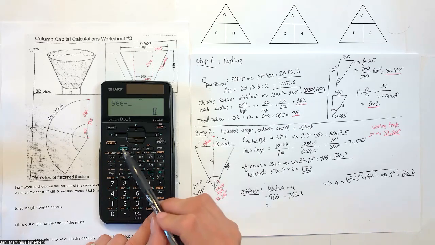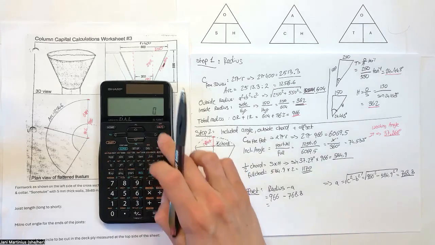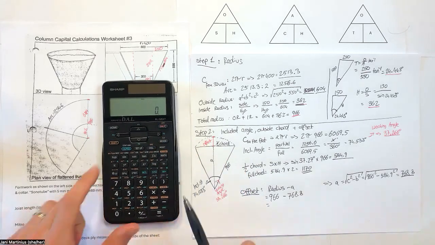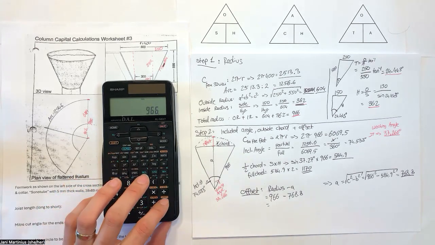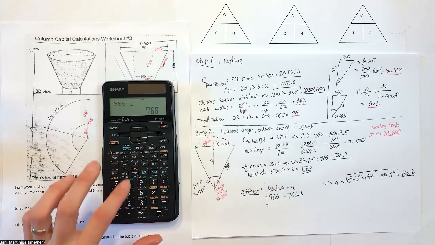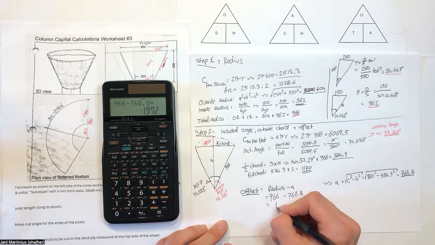Usually you could use your answer and continue doing math with that. But let's just re-punch it in. 966 minus 768.8 should give us our offset of 197.